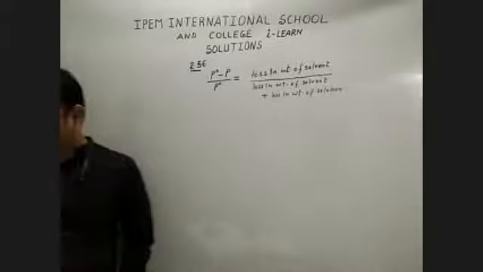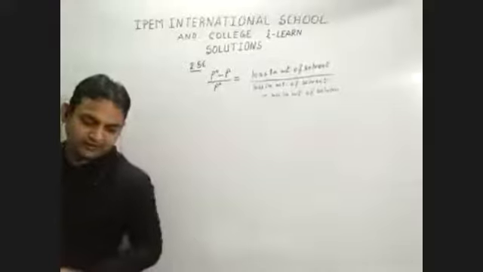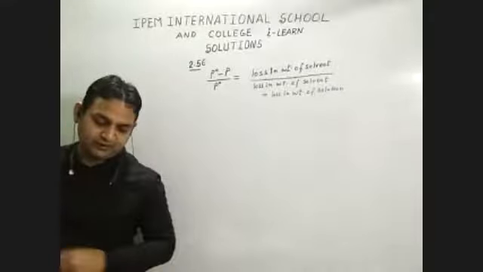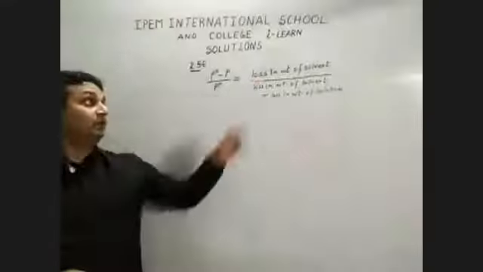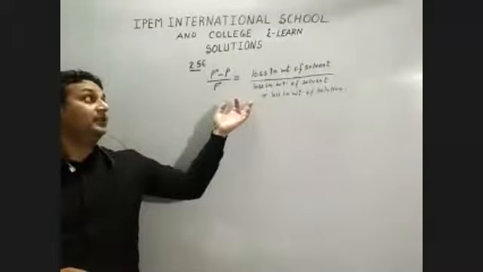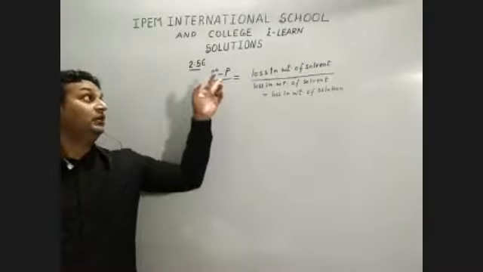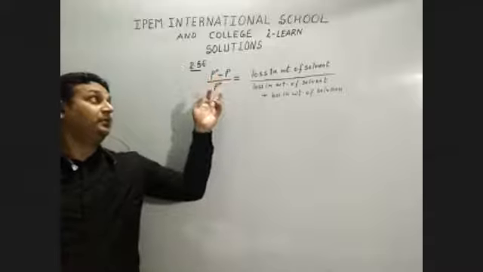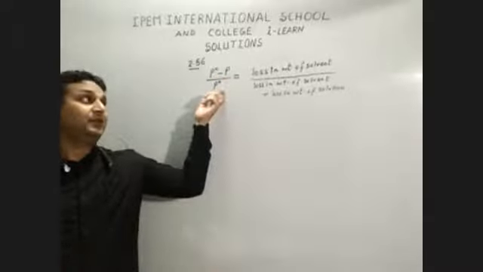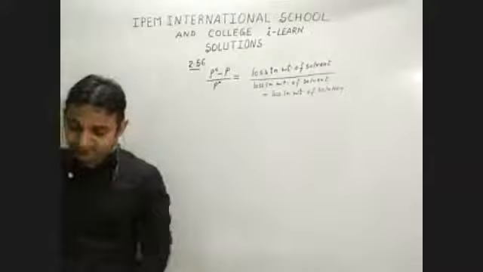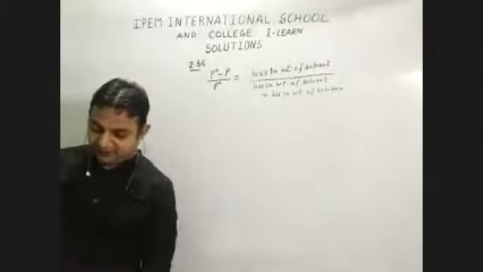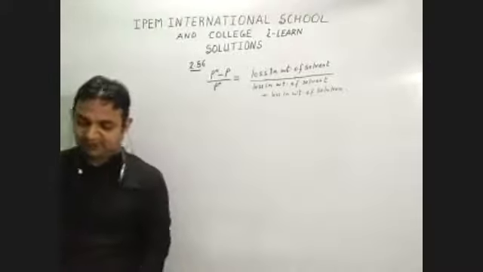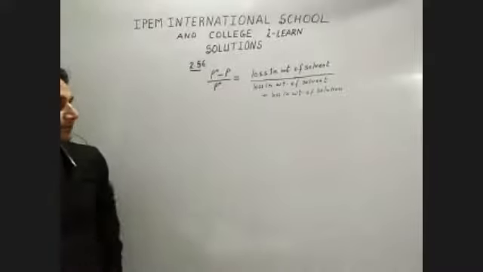So this is the formula. Whenever there is a loss in weight of solution as well as loss in weight of the solvent, here water is the solvent they have given in the question. So P naught minus P upon P naught, that is the relative lowering of vapor pressure, will be equal to loss in weight of solvent upon loss in weight of solvent plus loss in weight of solution.